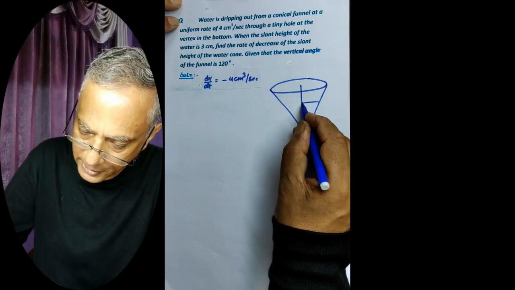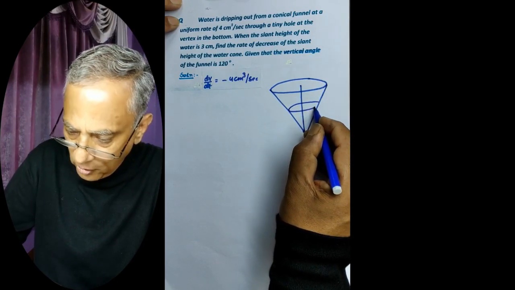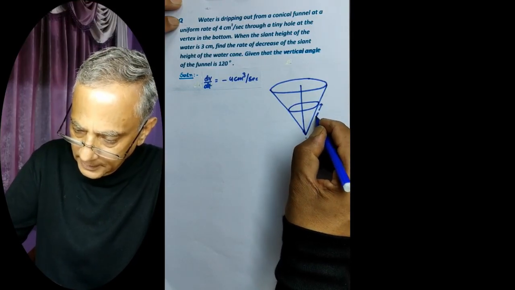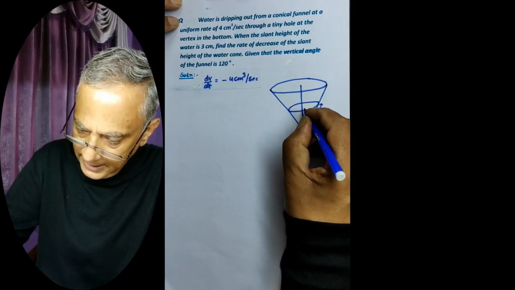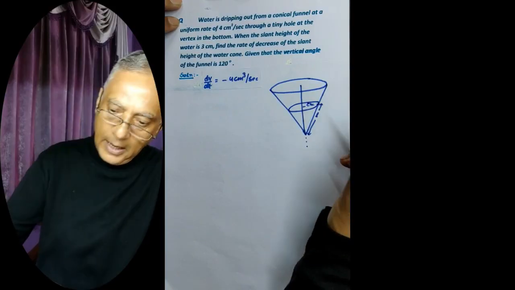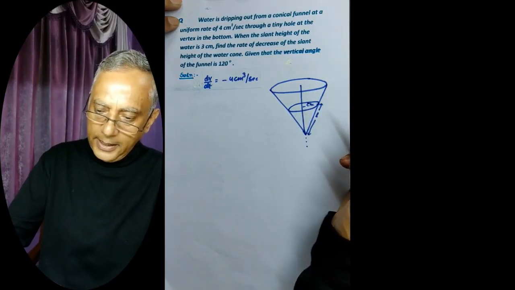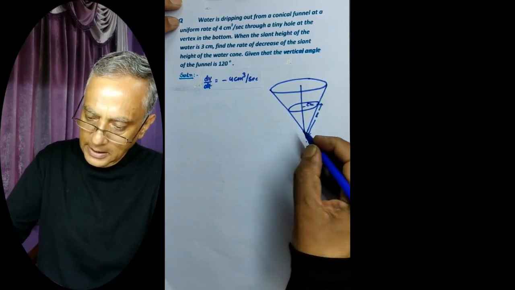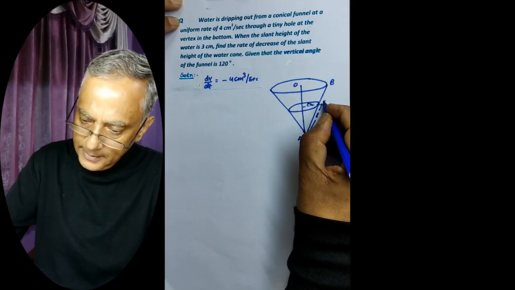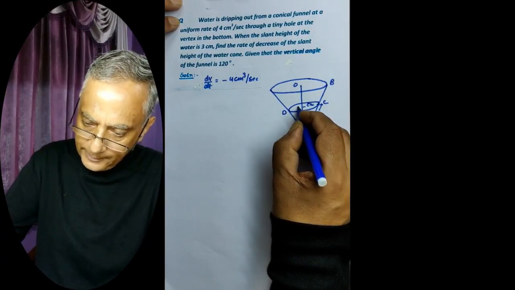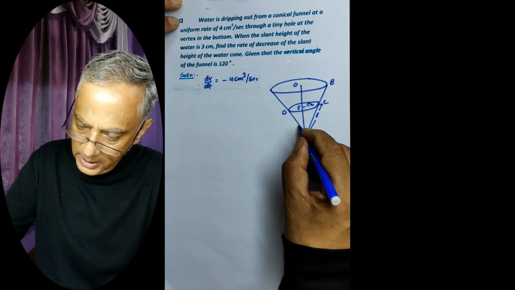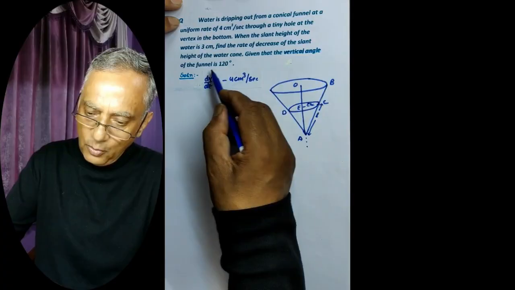Let at any time t this be the level of water in the conical funnel. Let this be L, that is the slant height be L, and let the radius of the water surface be R. Let us say this as O, A, B, C, D, E. Now this angle is given to be 120 degrees, the vertical angle of the funnel.